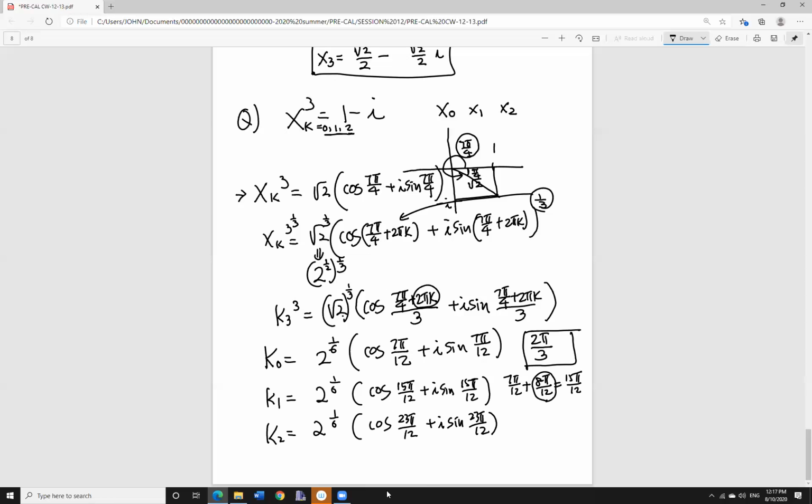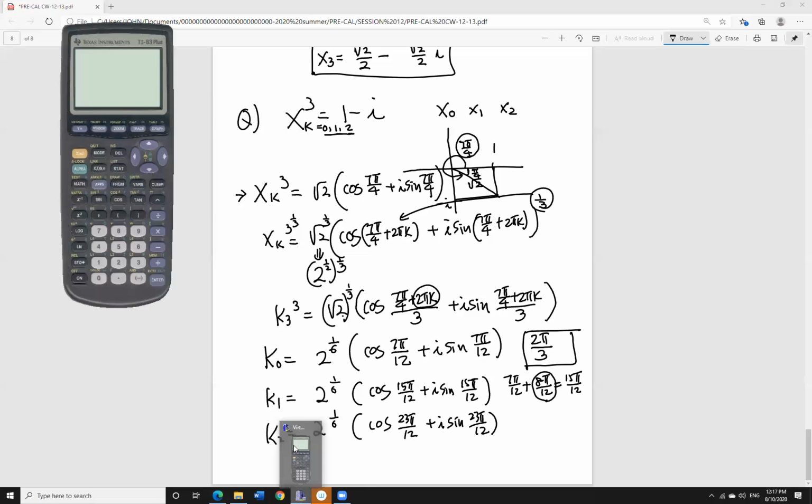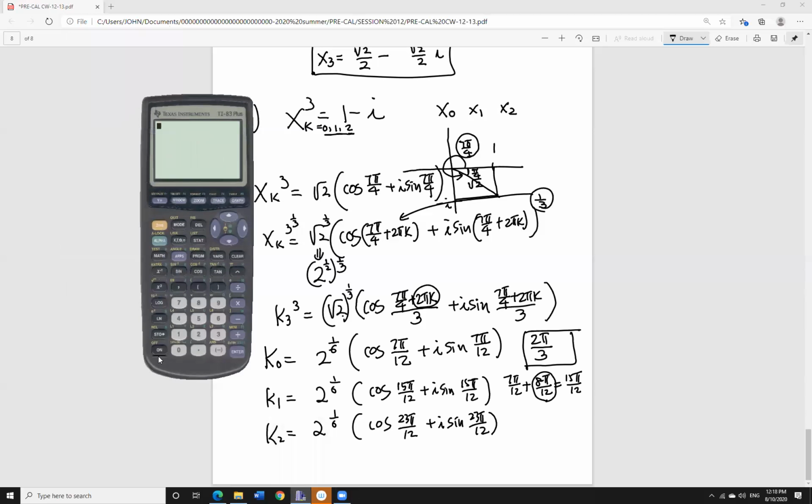Where is my calculator? Okay, we have a calculator. Can you see the calculator over here? All right, 2 to the 1/6, so 1 over 6. That's it.